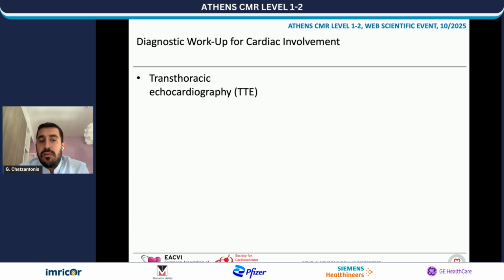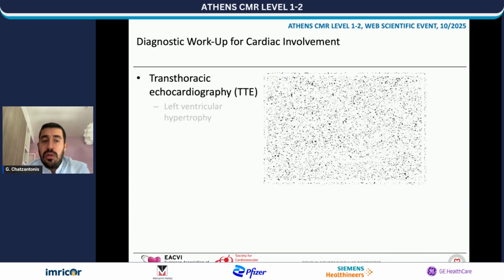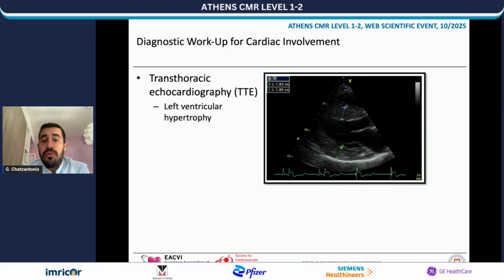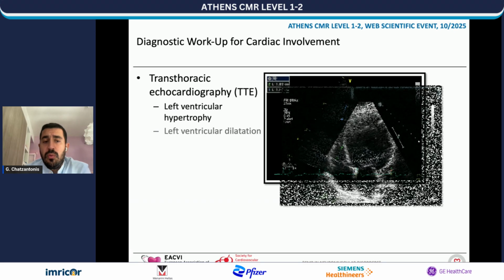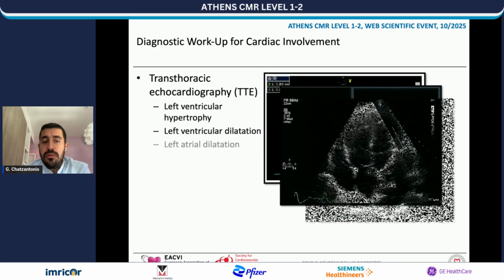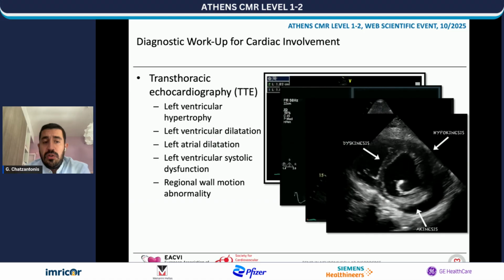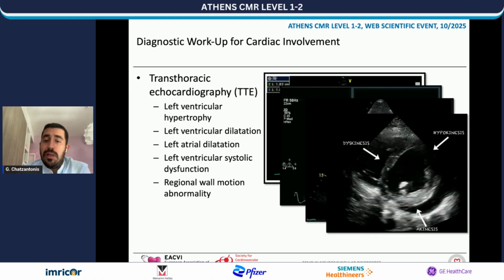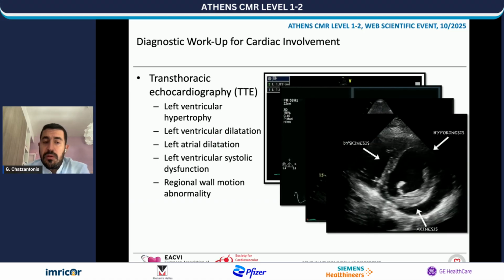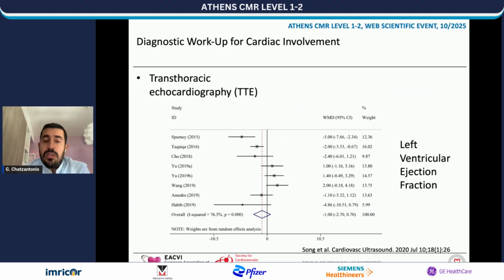Transthoracic echocardiography, of course, as we said, annually, we search for left ventricular hypertrophy, we search for dilatation, we search for left atrial dilatation, which may be prominent, and we search for regional wall motion abnormalities. Of course, the left ventricular ejection fraction itself is not that sensitive for the diagnosis.